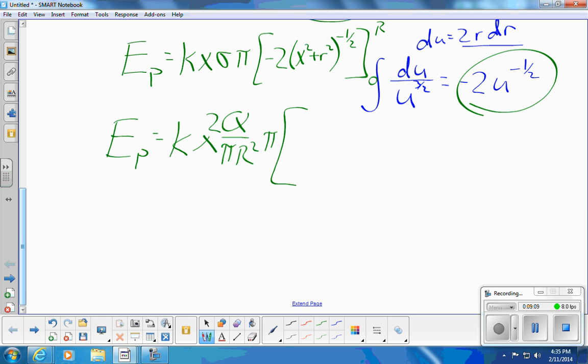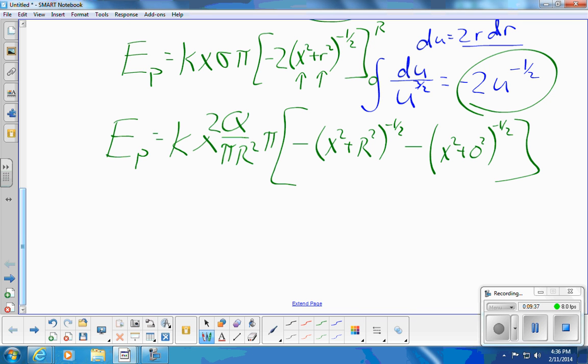And so I'm going to have negative, okay, my variable here, we have to be careful. X, remember, is the constant for this particular problem. Little r is the variable because these rings all have different radius, so that's where I'm plugging in. So I have x squared plus big fat R squared to the negative 1 half minus, and now this time I plug in 0, x squared plus 0 squared, got to square that, to the negative 1 half, done.